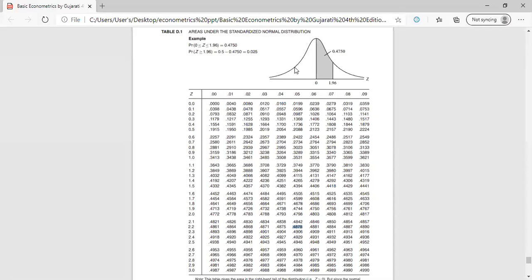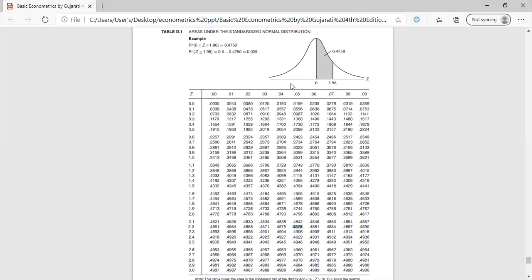Professor, even if we look at the right side, for example, if we are trying to find the probability of Z from minus 2.25 to 0, isn't it going to be 0.5 minus 0.48? No. Once again, we said here are two parts. One minus 2.25 to 0, another part 0 to plus infinity.